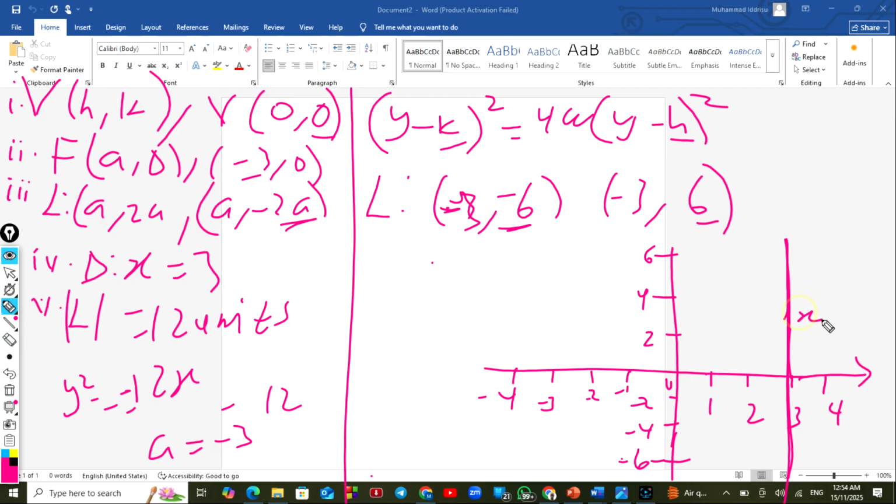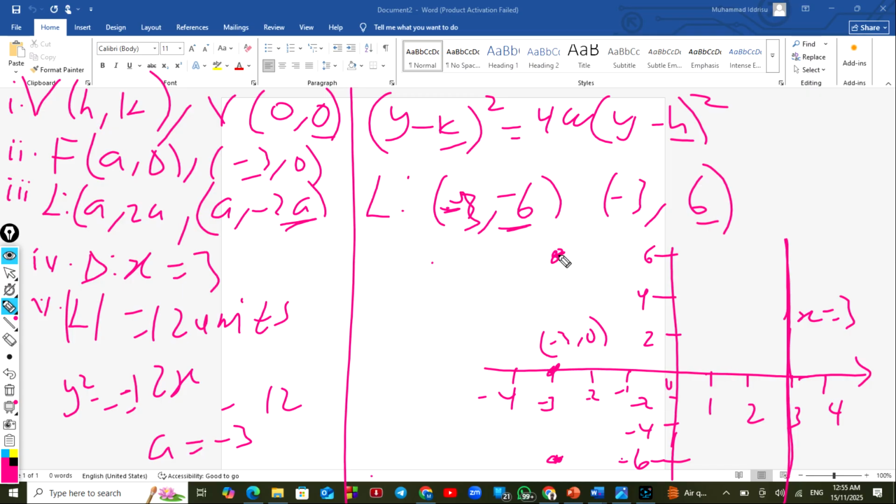This line is x equal to 3, and our focus is here, which is (-3, 0). For our latus rectum, one point is here, (-3, -6), and the other point is (-3, 6), also here.